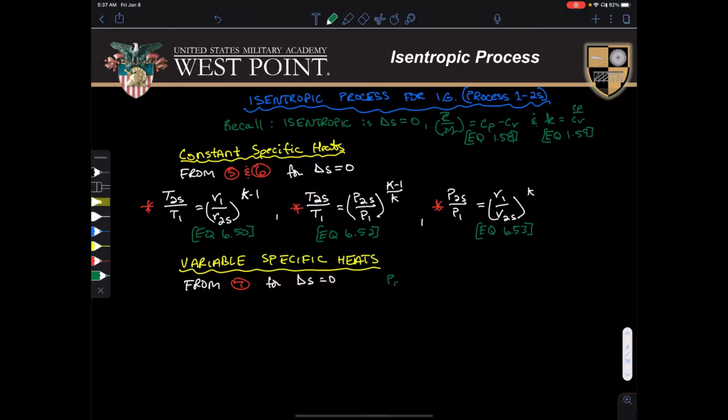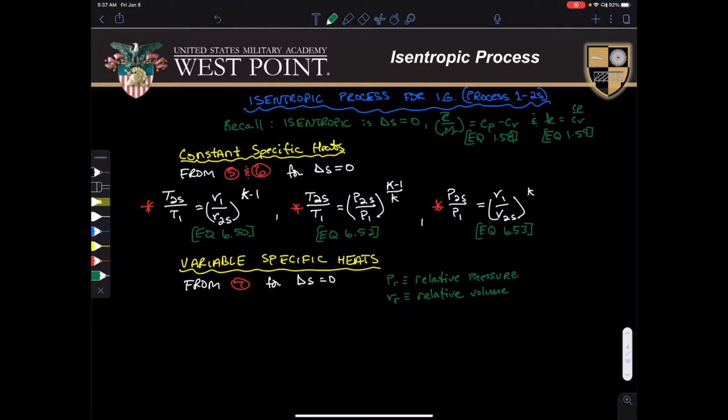The first is relative pressure, or P sub R. And the second is relative volume, or V sub R.